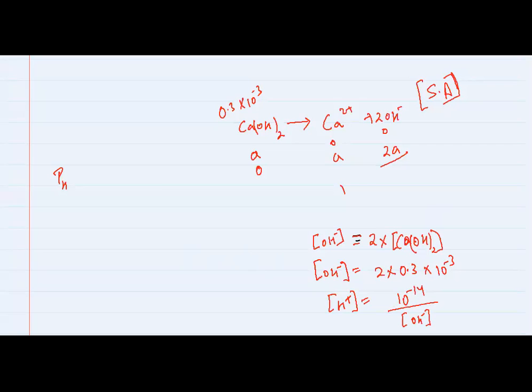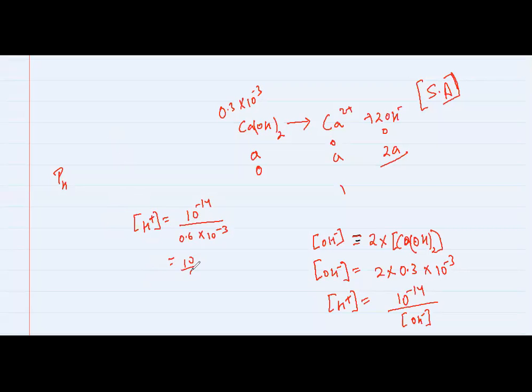This, right? That concentration of H plus is always 10 power minus 14 divided by concentration of OH minus. So I can say that concentration of H plus is equal to 10 to the power minus 14 divided by 0.6 into 10 to the power minus 3. Right, everyone?